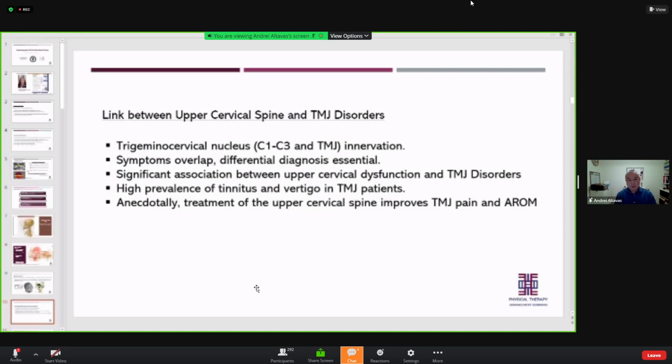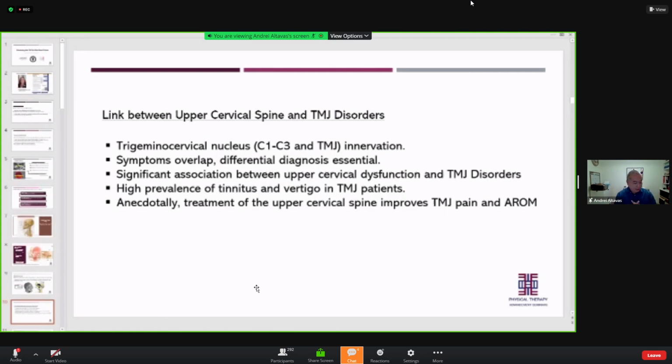So there is a significant association between upper C-spine dysfunction and TMJ disorders. There's a high prevalence of vertigo in TMJ patients, also ringing in the ears. And anecdotally, treatment of the upper cervical spine improves TMJ pain and active range of motion.